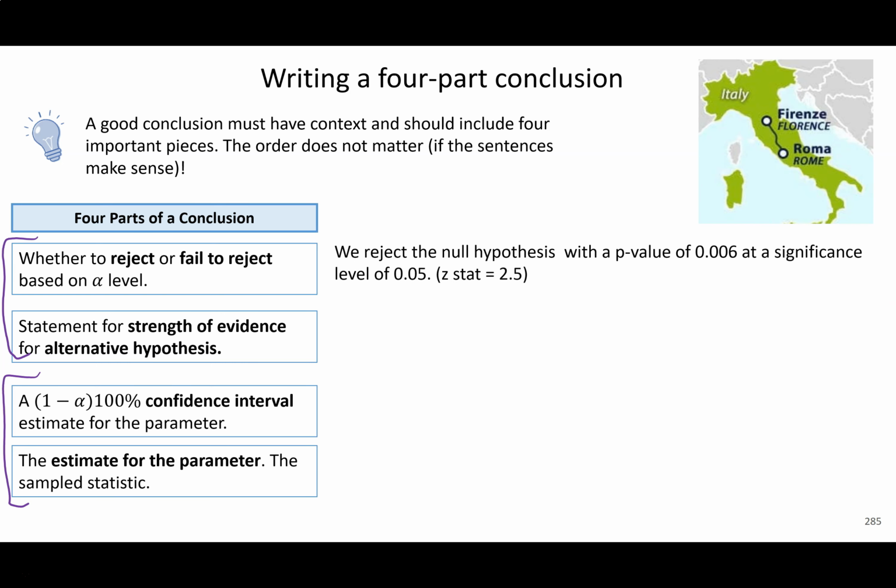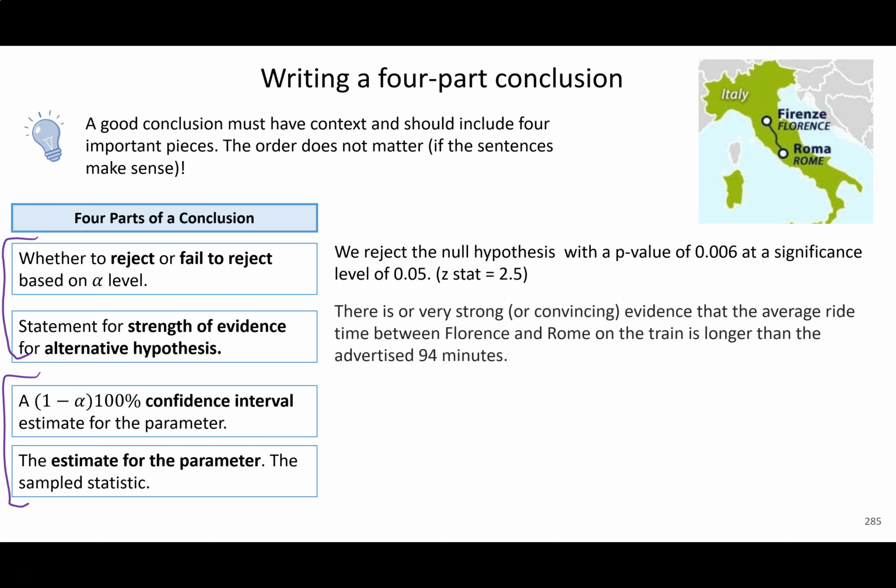So if we wanted to just put them together, they might come in out of order. We reject the null hypothesis with a p-value of 0.006 at significance level 0.05. I did include this Z statistic there. There is very strong or convincing evidence that the average ride time between the two cities on this train is longer than the advertised 94 minutes.